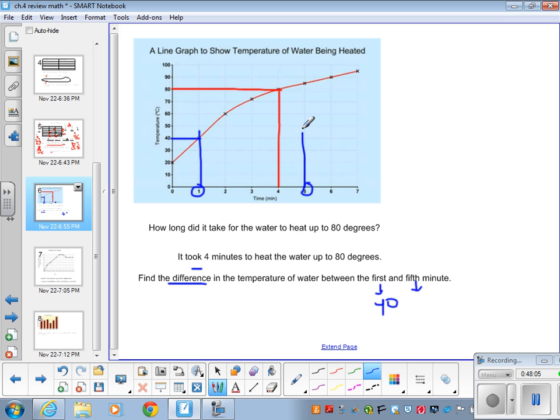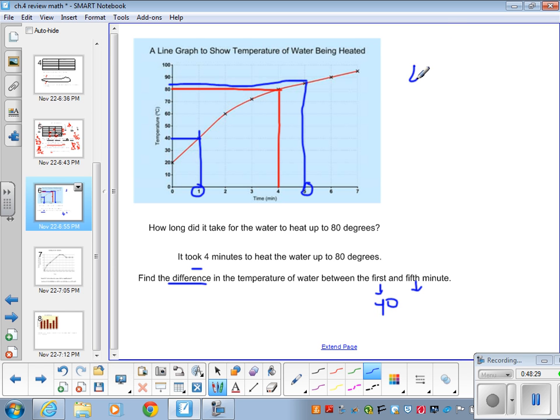I go all the way up until I get to the X, and then I need to go over. This one's in between 80 and 90. I see it goes 10, 20, 30, 40, 50, 60, 70, 80, 90, 100.